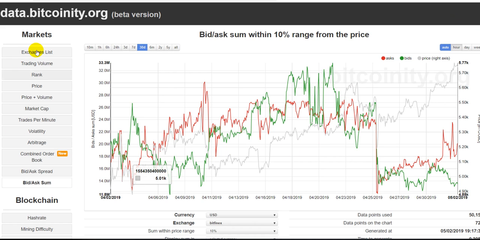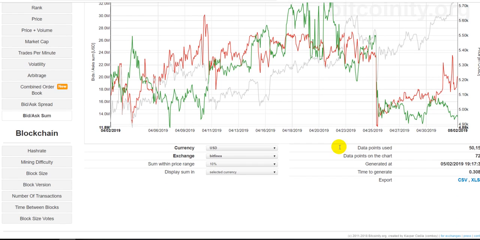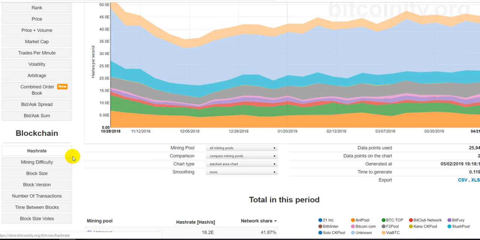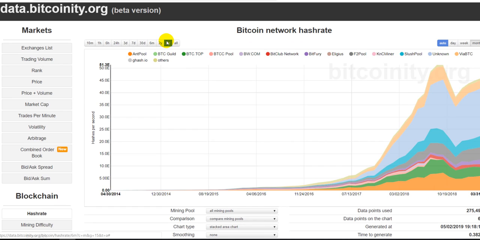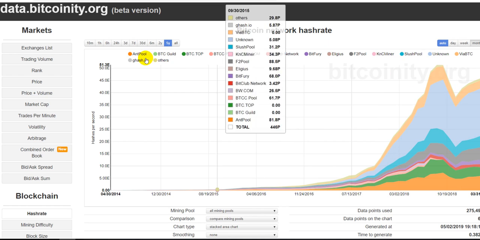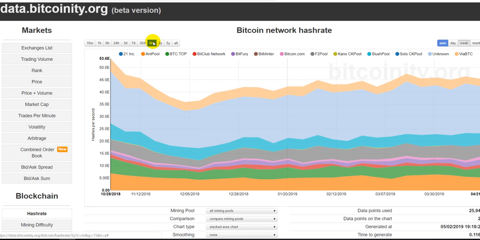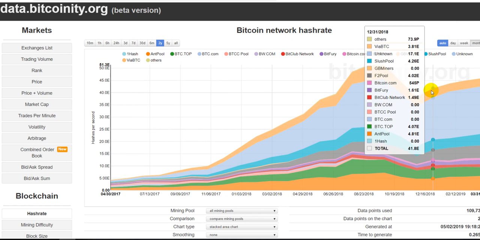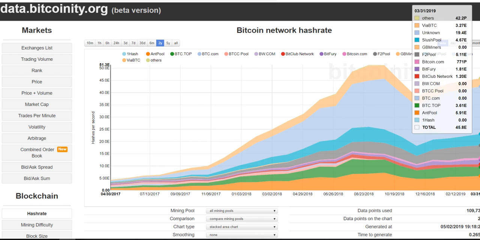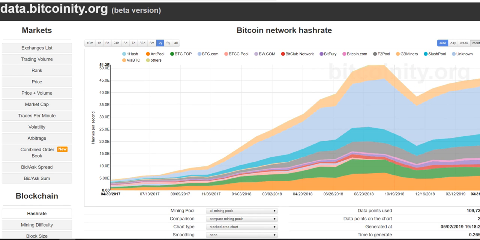And there are not only things about the market, there is even more. We can see the total hash rate over time, which is always some kind of indication of how the price could develop. There are quite some people who say that the hash rate shows what the price will do over the next period of time.